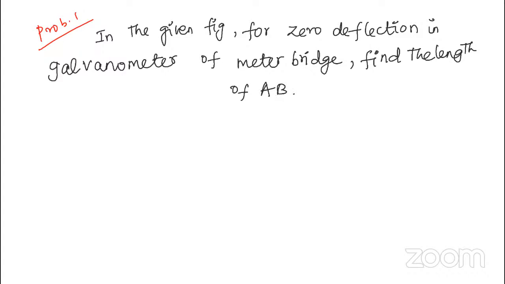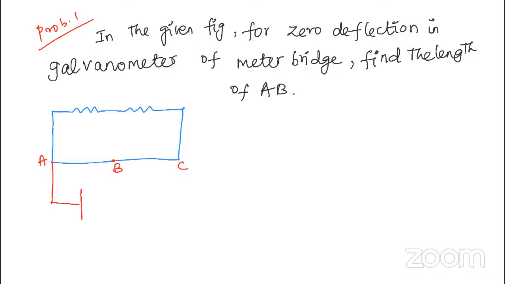So here they are given one figure, that is the resistance to resistance. If it is connected through the wire AB, here it is A, here it is B, and here it is C. Okay, they are given R1 value, it is 15 ohm, and here R2 value is equal to 10 ohm.